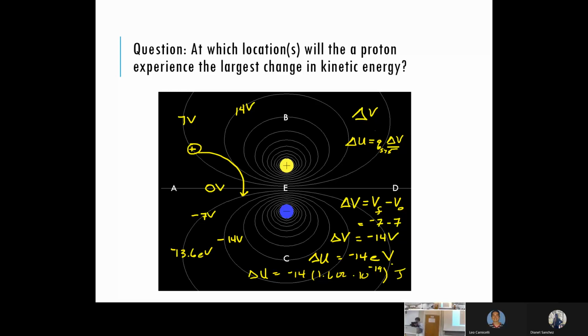You could think of the contour lines being drawn in space: there's 1 volt, there's 2, there's 3, there's 4. When you get to 13.6, the electron's infinitely far away. That's assuming there's no other charges anywhere in the universe. You just have a hydrogen atom and that's it. Spherical cow in space kind of thing.